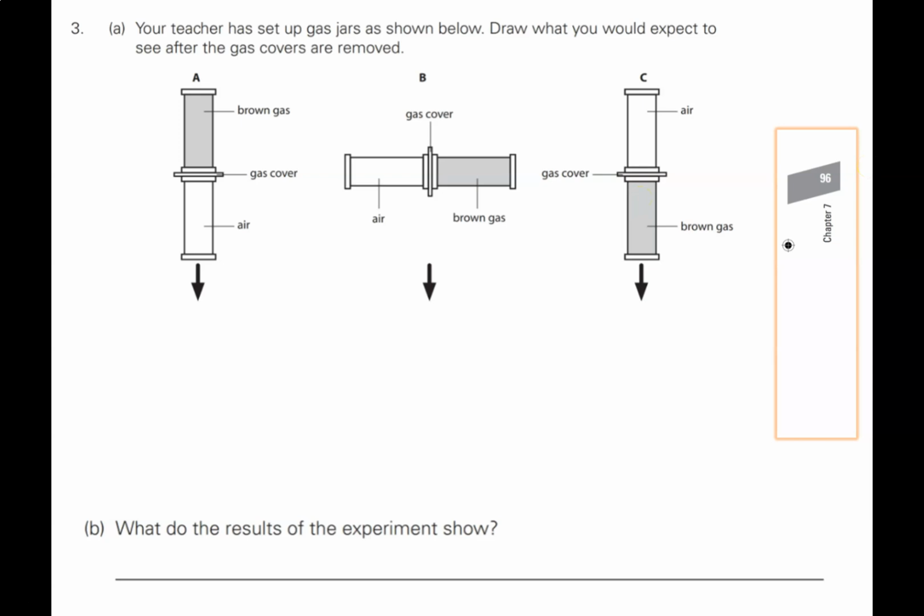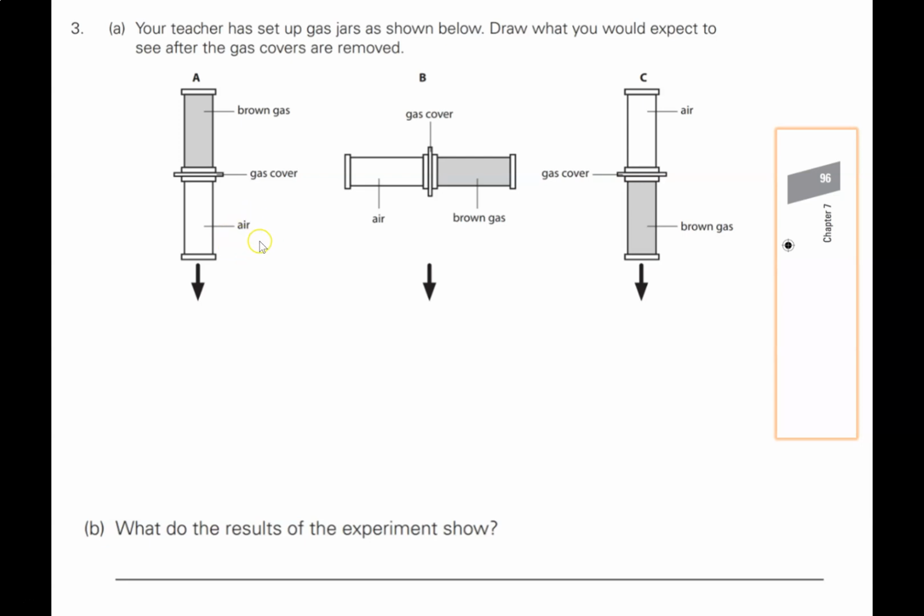This experiment investigates diffusion of gas, which is also simply the movement of gas particles. If you understand how gas particles behave, they are able to move freely and randomly to occupy any space available. So, the results in all 3 experiments will be the same, and it shows the presence of the brown gas in both gas jars.